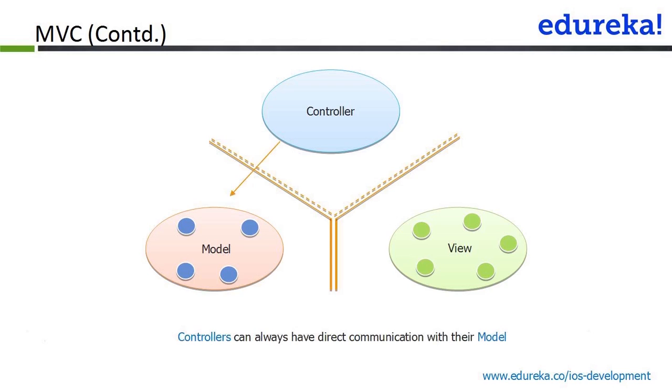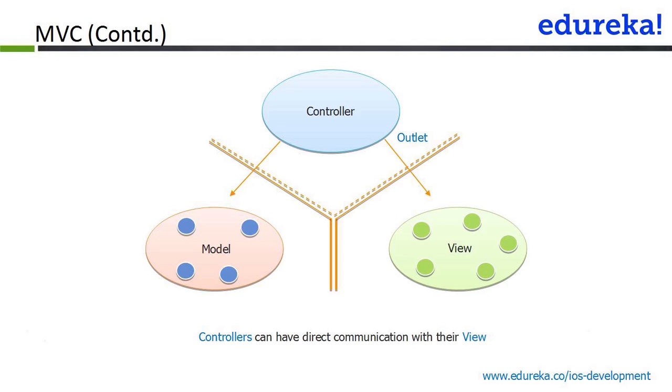And controllers can always have direct communication with their model, and they will be doing that. They need to communicate with the underlying data model, and at the same time they will also be communicating with the view, with the user interface. So basically the controller is the one which is talking to either of these two camps. And the way they do it with the view is by a term called an outlet.